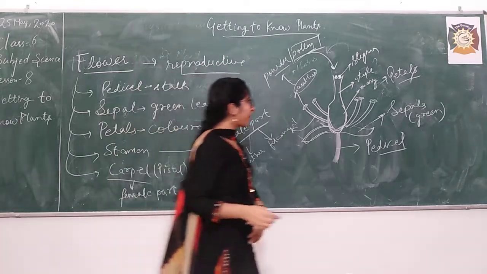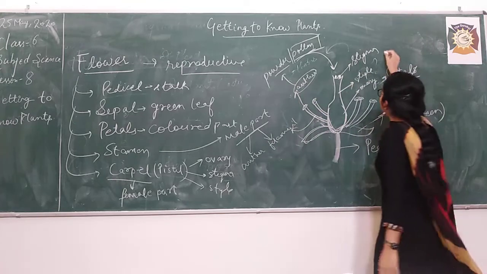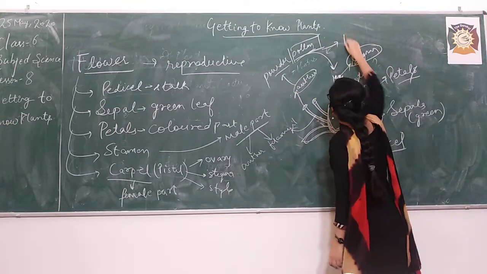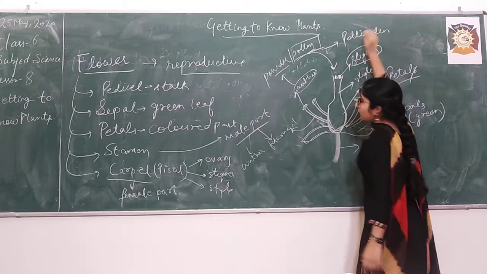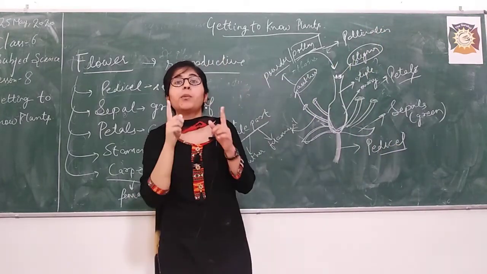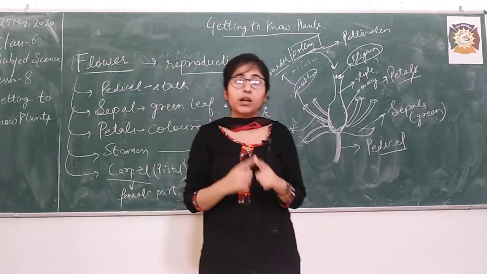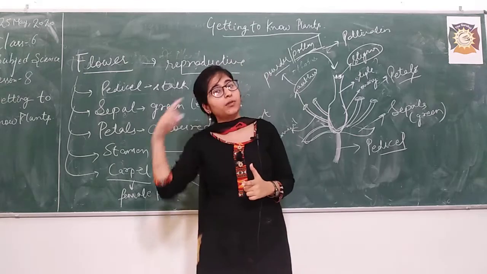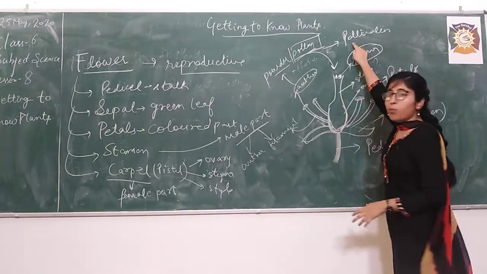So yes. Now when pollen is transferred from anther to stigma, this is known as pollination. This is very important. What is pollination? When pollen grains are transferred from the male part to the female part for production of seeds, it is known as pollination.